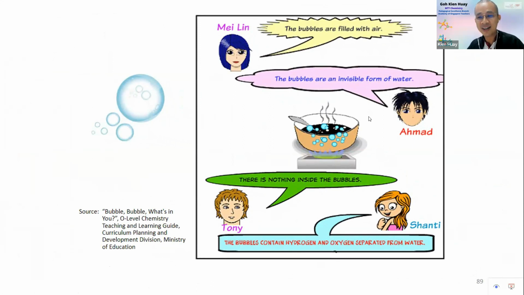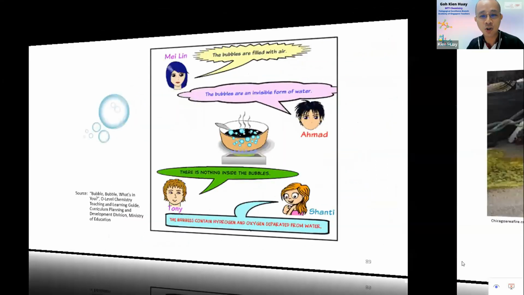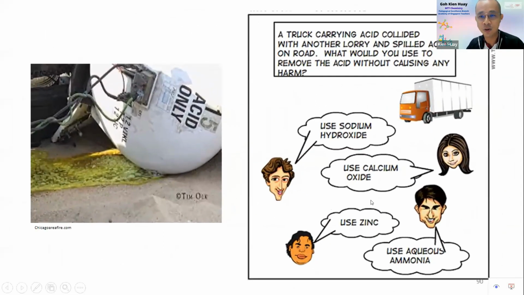Each and every one has an inherent possible misconception or some prior knowledge that they may carry themselves. I'm not going to go through all the concept cartoons. This is another concept cartoon, on the example of how you solve a problem when there's a spillage of acid on the road.